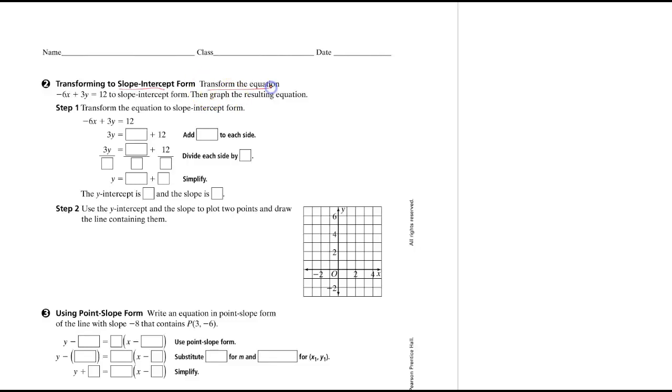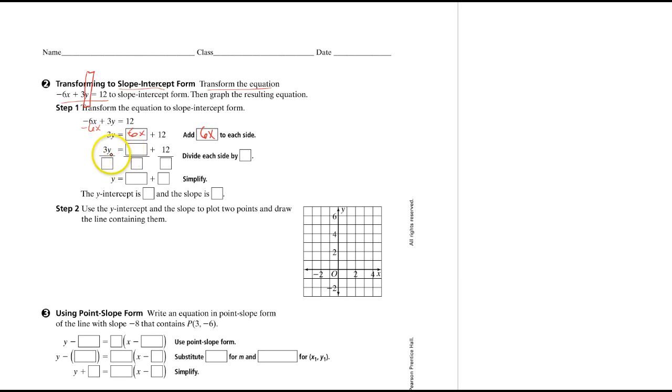So we're going to transform this equation, and what I'm going to do is get the y alone. Oh, okay. Well, if I'm starting with this equation, let's add 6x to both sides. Add 6x. And there it is, add 6x. That was the step.